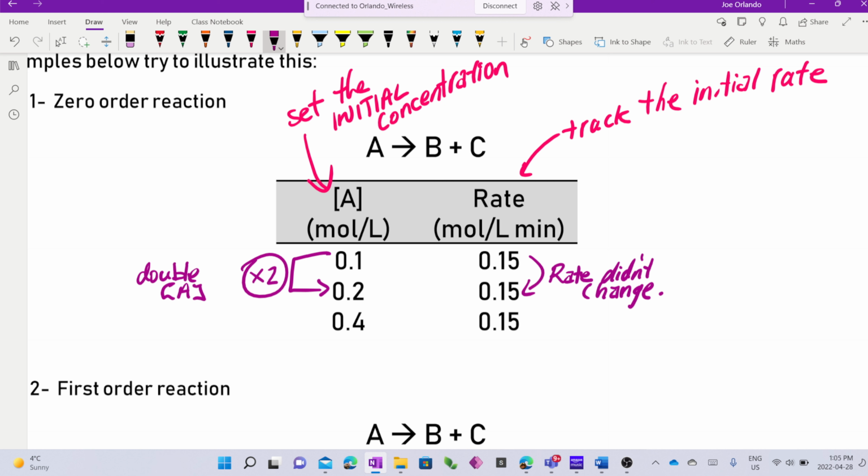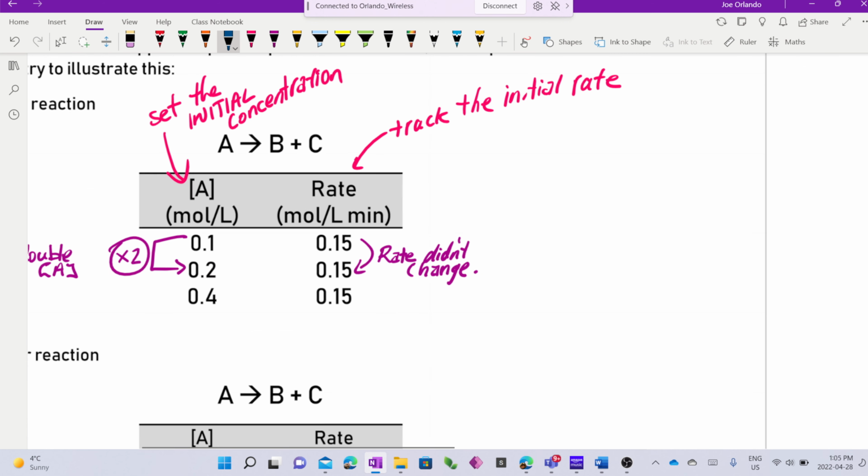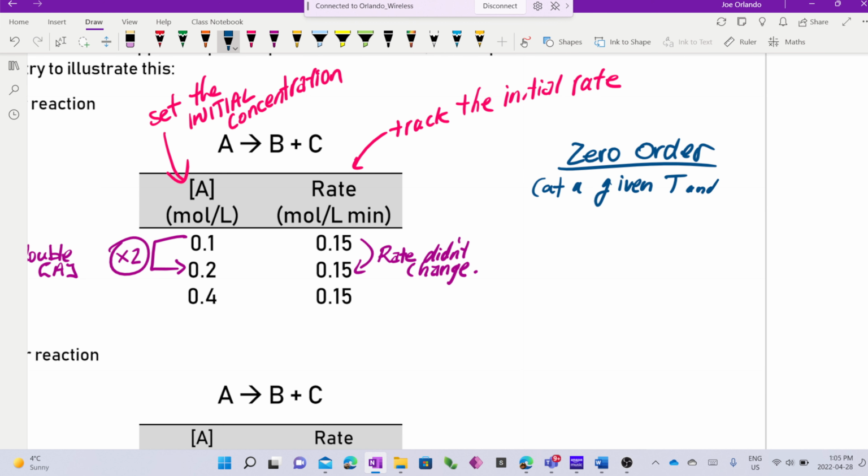So in a zero order reaction, we say the rate is constant. For zero order, these are reactions where at a given temperature and pressure, the rate of the reaction doesn't change.